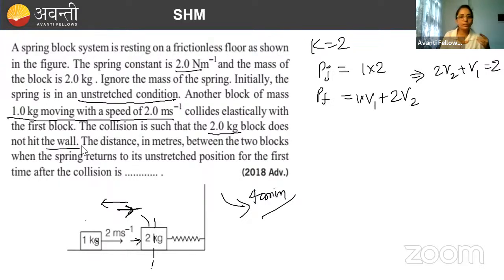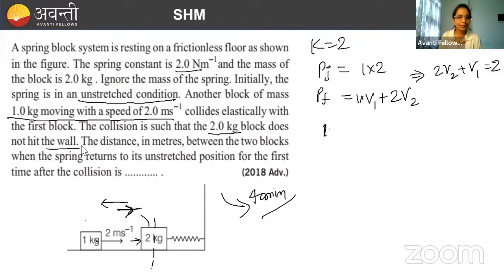Now two variables, one equation, we need one more equation, right? So एक और equation अगर एनर्जी का लिखें तो complications काफी बढ़ेगा. Done. But one more equation we can write from the fact that collision is elastic, and in elastic collision coefficient of restitution used to be 1. What is coefficient of restitution? Velocity of separation by velocity of approach. Separation means relative velocity after collision, approach means relative velocity before collision.